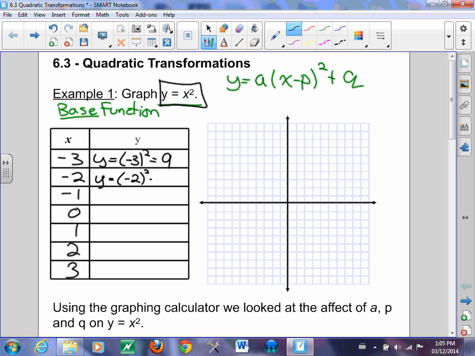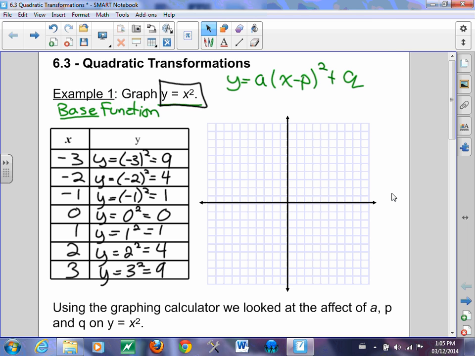Wherever you see an x, you're putting in your independent value, right? So negative 1 squared, guys, equals 1. Be careful here, guys. If you have 0 raised to the exponent of 2, that equals 0. So 1 squared equals 1. Y equals 2 squared, which equals 4. And y equals 3 squared, which equals 9.